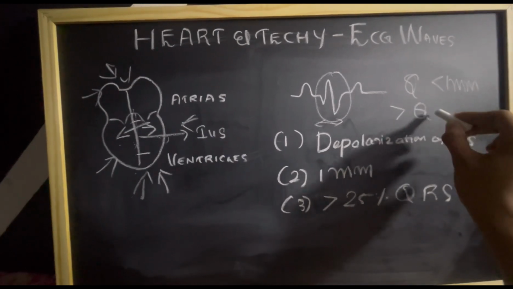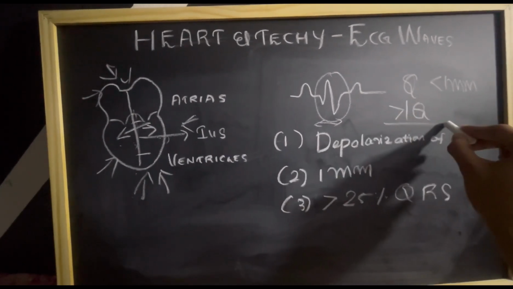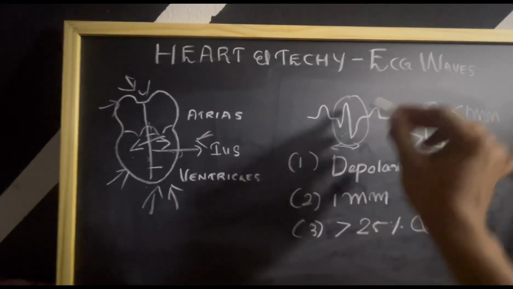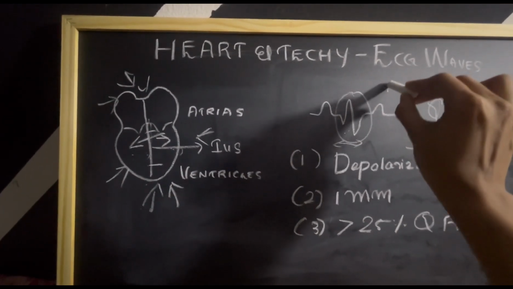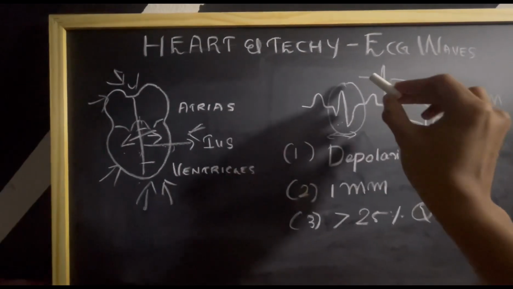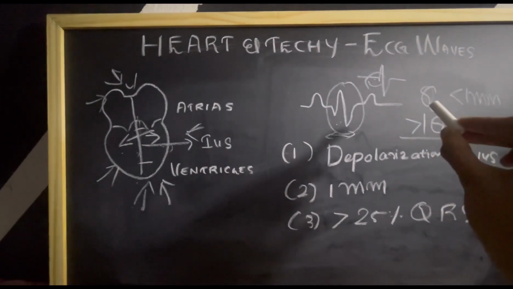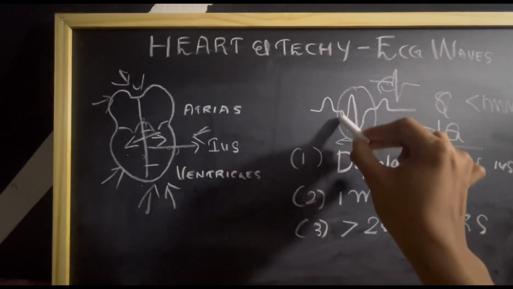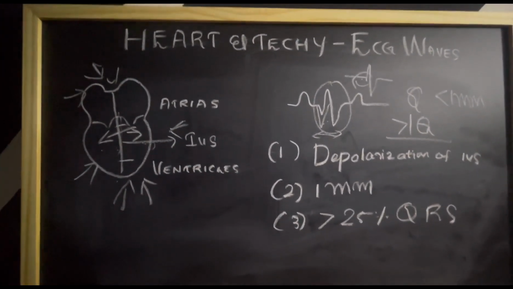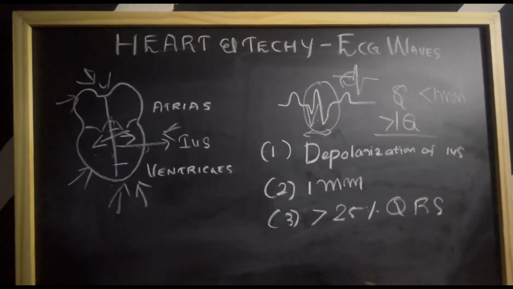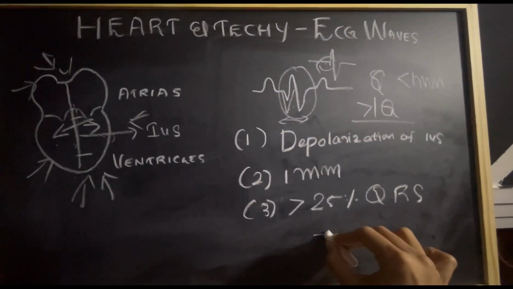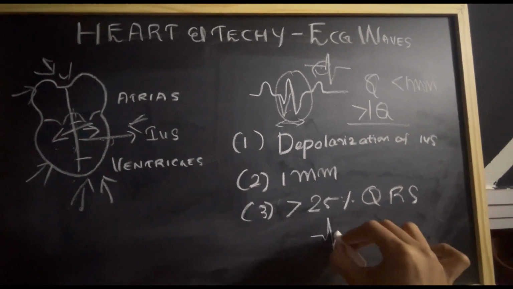If it is more than 1 mm, it is considered pathological. Here I drew the Q wave as wide, but usually in a normal ECG we can only see a very small, minute deflection. If the Q wave is very deep, then when we look at the QRS complex, this is a normal QRS complex.